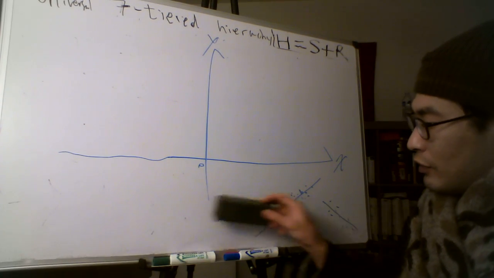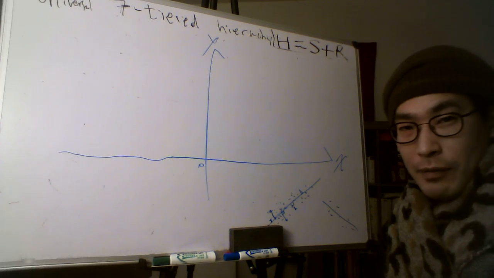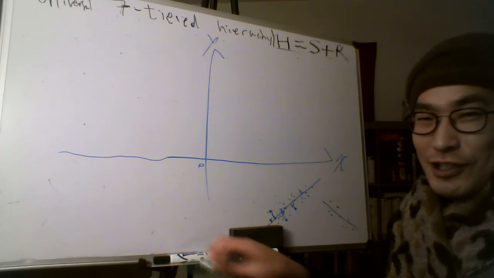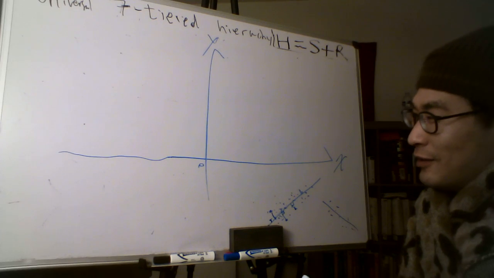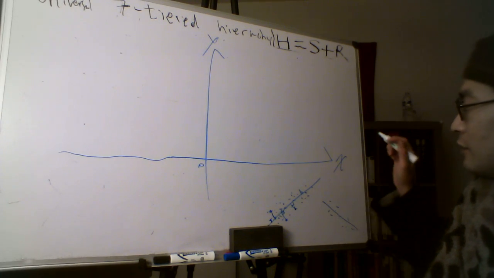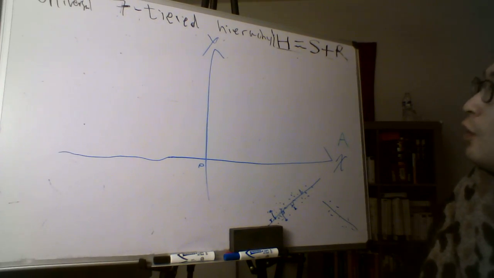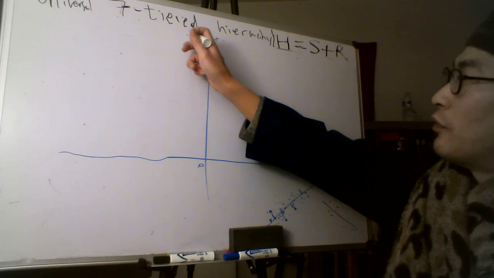So yeah, we're not going to pick on African Americans because we love them. So we just talk about Asians because I'm Asian. So let's say the x-axis represents Asianness. The y-axis is school performance.